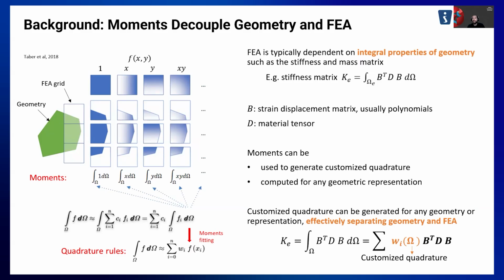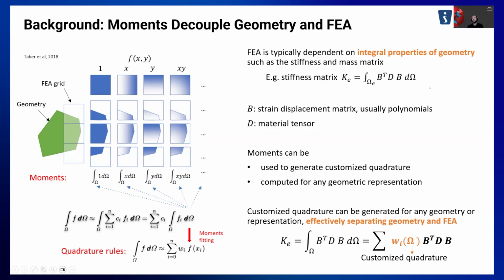Once you have that, you can effectively separate geometry and FEA. I don't remember who said this, but someone at Livermore said the role of the geometry is just to compute quadrature points, because once you compute quadrature points, you can throw away the geometry anyway. You don't need the geometry, right?